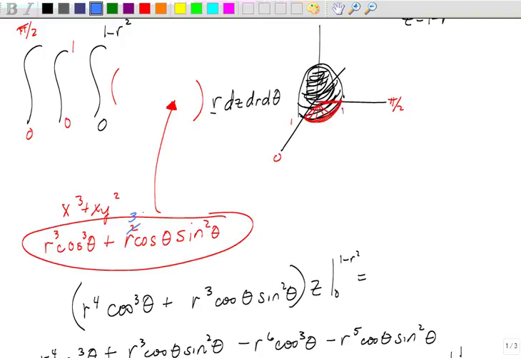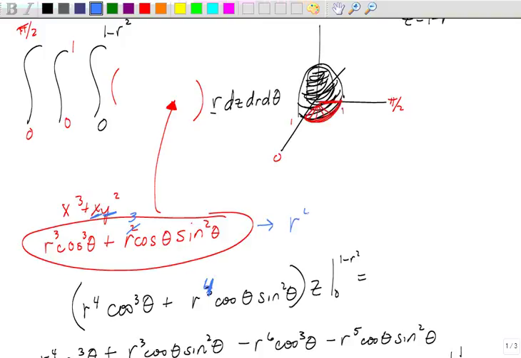This is going to be r cubed because I have an r squared here and an r here, so that's going to be r cubed. So when I multiply it by r, again, that's going to be r to the 4th. Then I'm going to multiply a cosine out of it.